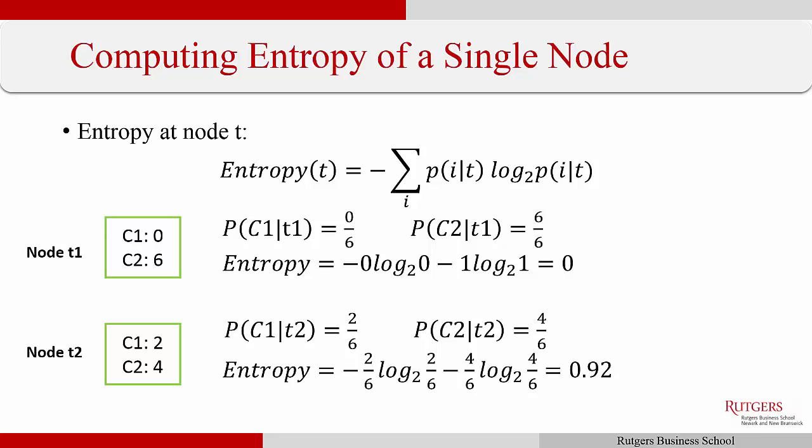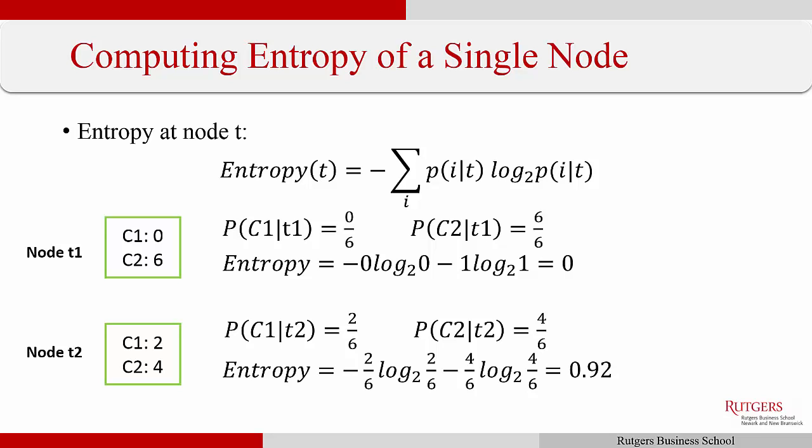P(C1|T1) is 0 divided by 6, it's 0. And P(C2|T1) is 6 divided by 6, it's 1. So the entropy is minus 0 times log of 0 to base 2, minus 1 times log of 1 to base 2, and it is equal to 0.